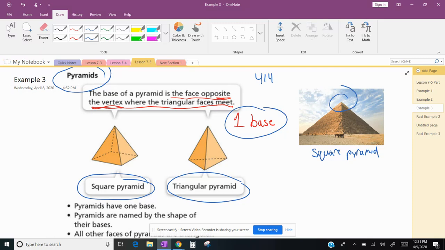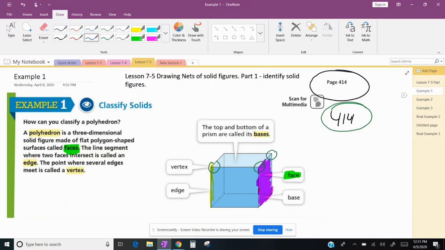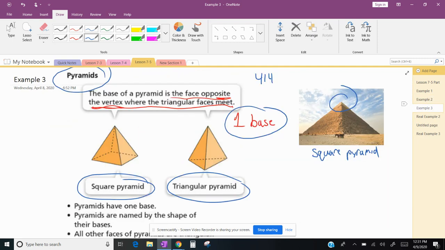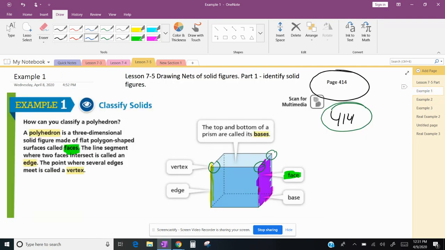Okay? So to recap, you need to know the difference between prisms and pyramids. And again, prisms have two bases, right up there at the top, two bases. Pyramids have one base, and we also need to know the different parts. For these polyhedrons, these three-dimensional objects, we're going to have faces, which are the flat parts.